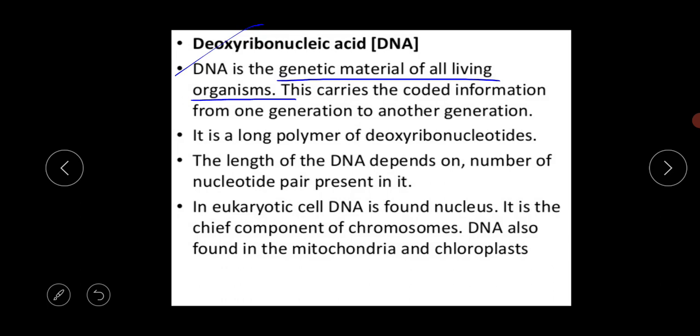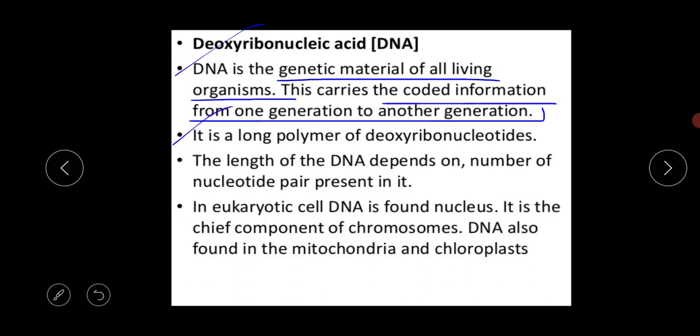The basic function of the DNA is that it carries the coded genetic information, the hereditary information, from one generation to another generation. This is the basic function of the genetic material.